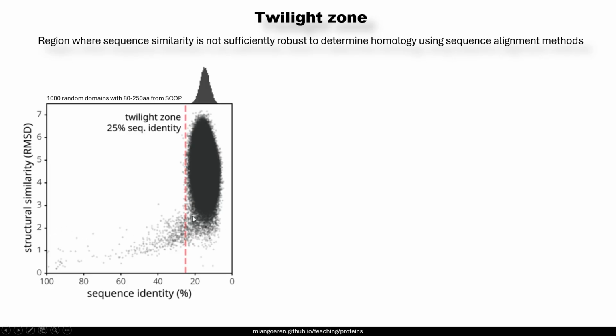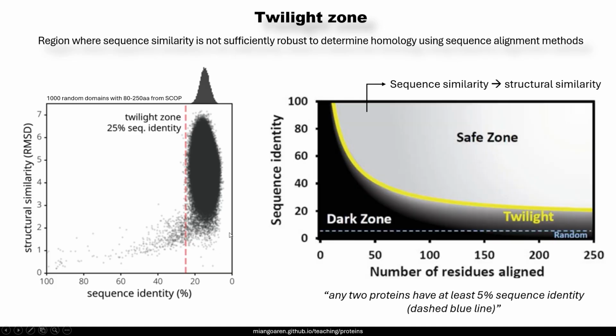But the most likely thing is to find cases where this RMSD explodes up to values of 7 or 6, which would be indicative that they do not have a structural similarity. So this twilight zone is precisely this range, where it really is no longer so consistent that this sequence similarity is reflected in terms of the three-dimensional structure of the protein.